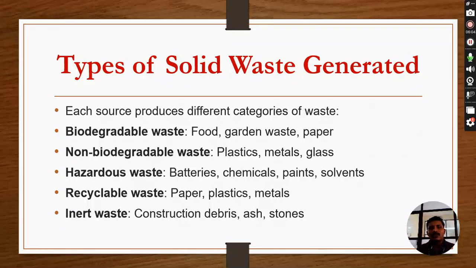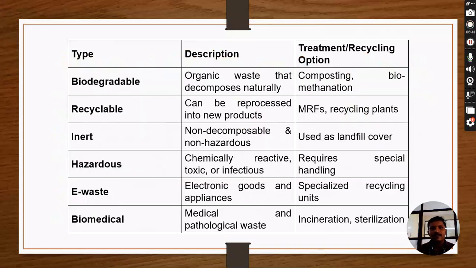Hazardous waste releases toxics into the environment and consists of batteries, chemicals, paints, solvents, etc. Recyclable waste means recovering valuable raw materials from the waste, for example paper, plastic, metals and glass. Inert waste comes under non-hazardous waste, for example construction debris, ash and stones.